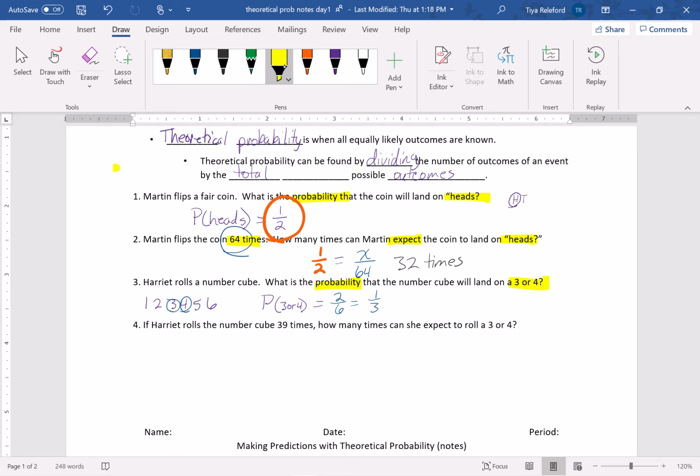If Harriet rolls the number cube 39 times, how many times can she expect to roll a 3 or 4? So again, you're going to use this probability as half of your proportion. The other half is the number of times.